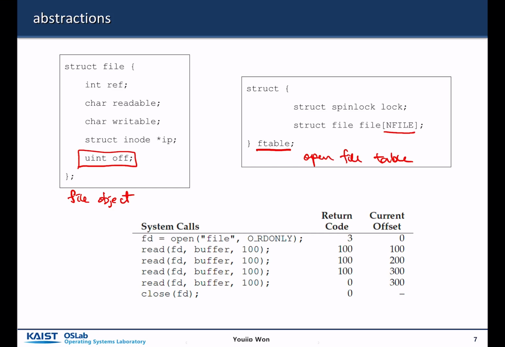Okay, so there are two important abstractions. First one is open file object, and then the second one is open file table. So when a file is opened, then it allocates an open file from the open file table.